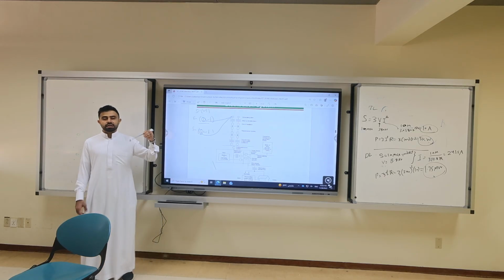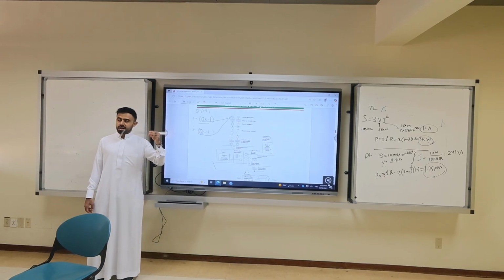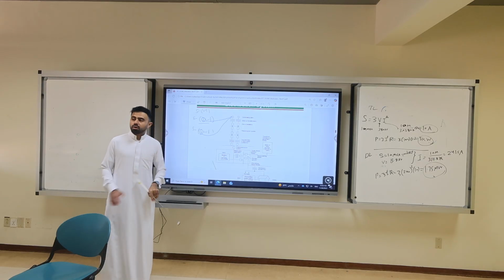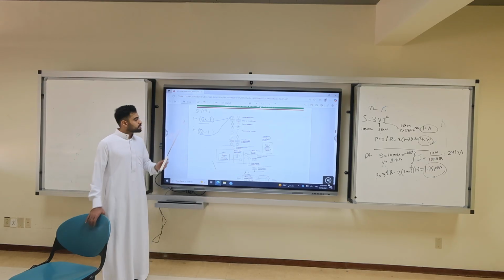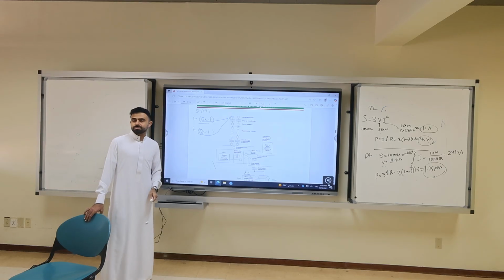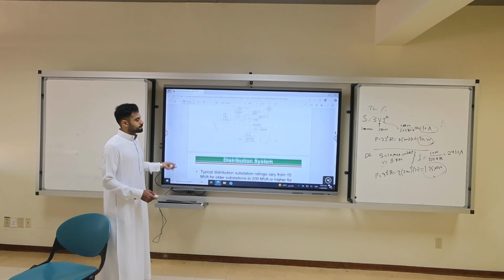And then the generator would not synchronize with 60, it might be 60.5, which is outside the range. So that's the problem with renewable energy resources, they contribute harmonic components in the grid.